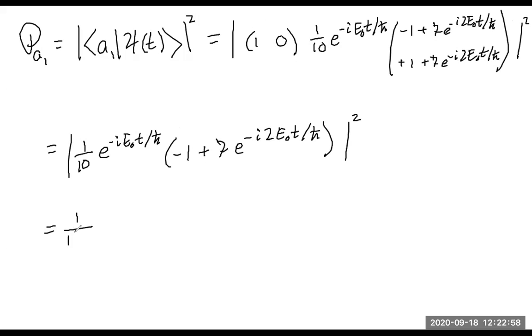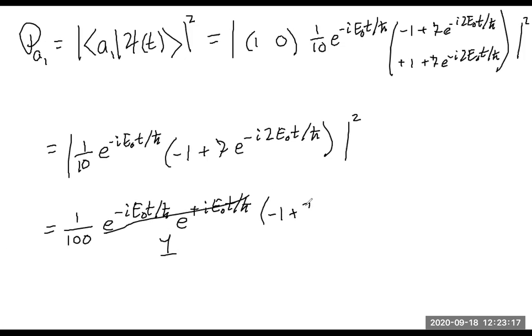1 over 10 times 1 over 10 is 1 over 100. This is e to the minus i E naught time over h bar times e to the plus i E naught time over h bar, so together these just give you 1. And then I'm going to have minus 1 plus 7 e to the minus i 2 E naught time over h bar times its complex conjugate, which is minus 1 plus 7 e to the plus i 2 E naught time over h bar.